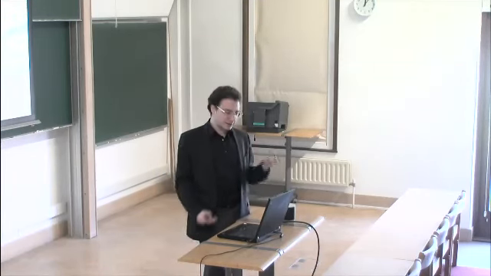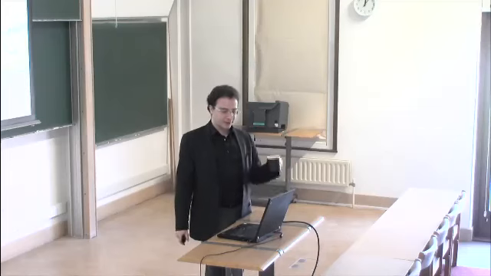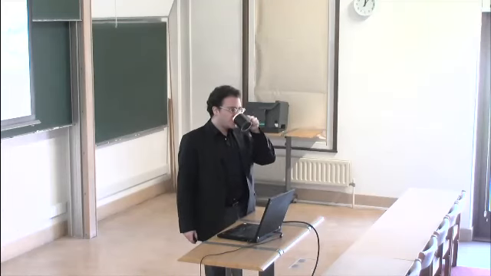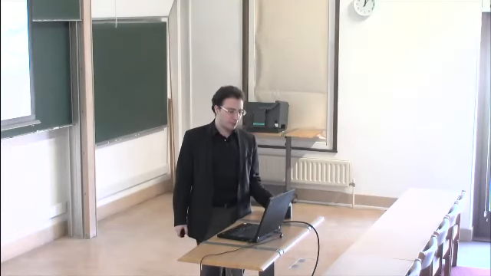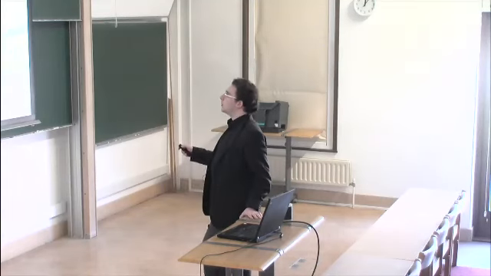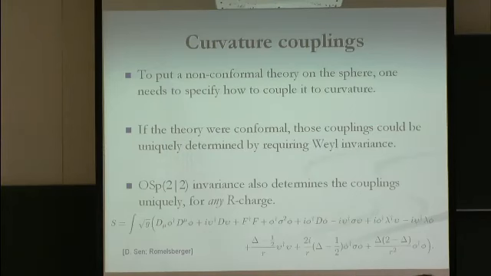But if you like, it's a way of specifying the couplings to curvature of some non-conformal theory. And of course, if it were conformal, then you could just determine it uniquely by requiring Weyl invariance. But in general, that doesn't work. Okay, but once you choose the R symmetry that's going to sit in this algebra, then this supersymmetry algebra does determine the couplings uniquely.